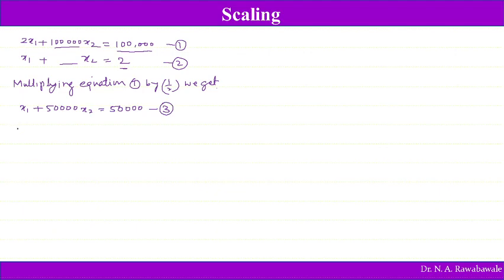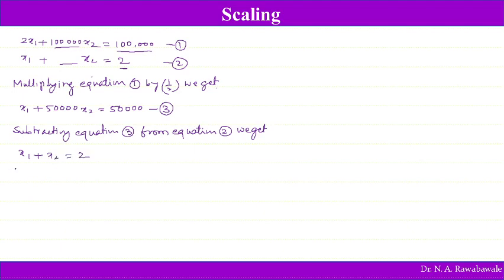Now subtracting equation 3 from equation 2: equation 2 is x1 plus x2 is equal to 2, and equation 3 is x1 plus 50,000 x2 is equal to 50,000.